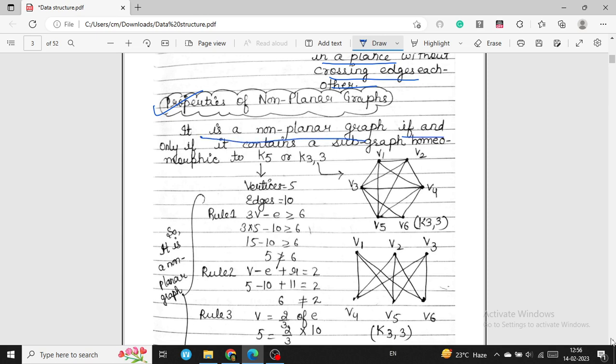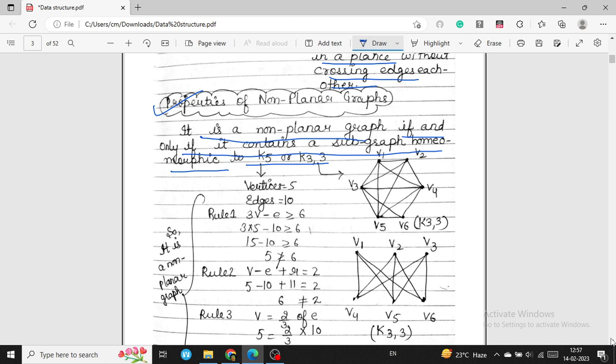A graph is non-planar if and only if it contains a subgraph homeomorphic to K5 or K3,3. You have to keep in mind that K5 and K3,3 are both non-planar graphs.